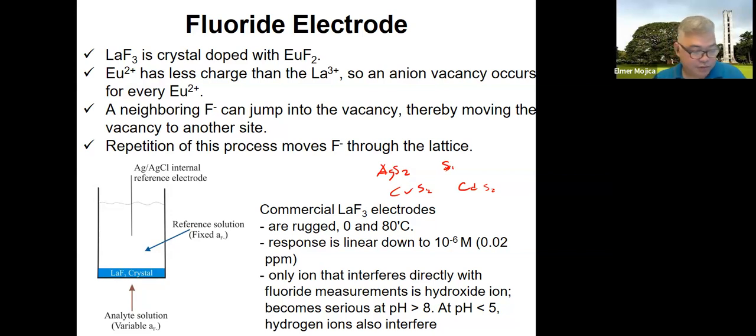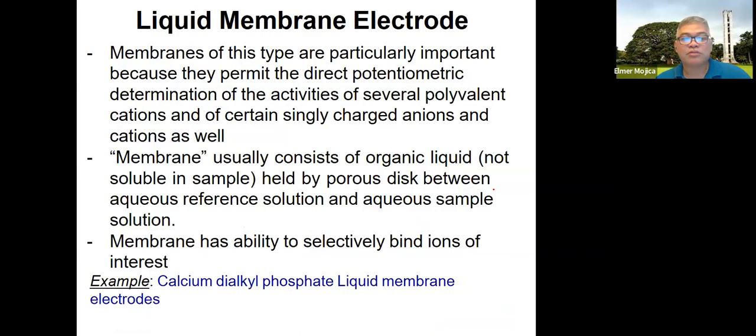The next thing we're going to talk about is the so-called liquid membrane electrode. This type of membrane is particularly important because it permits the direct potentiometric determination of activities of several polyvalent cations and of certain singly charged anions.